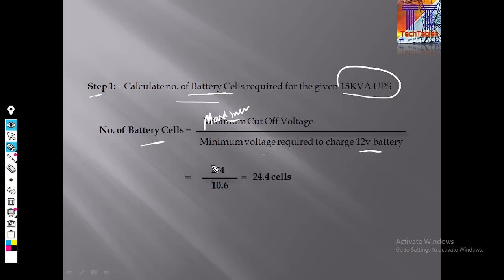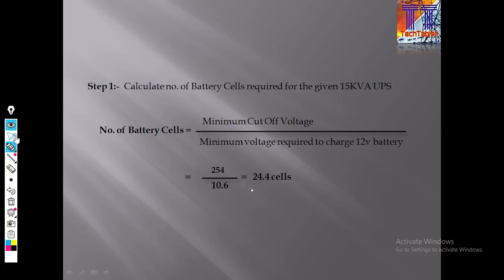We have seen in the earlier slide that the maximum cutoff voltage is 254 volt, and the minimum voltage required to charge the 12 volt battery is 10.6 volt.